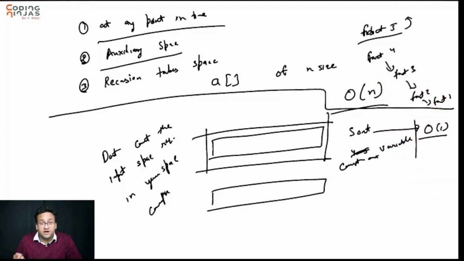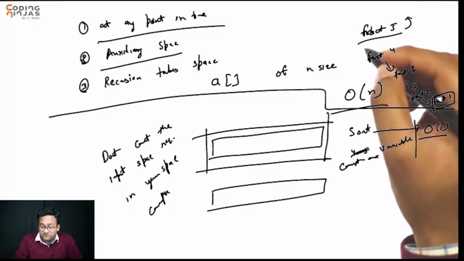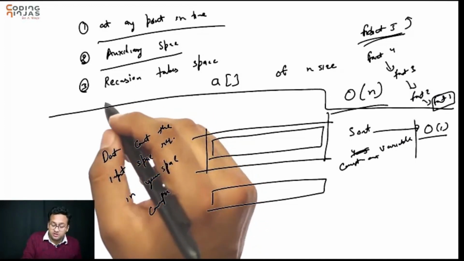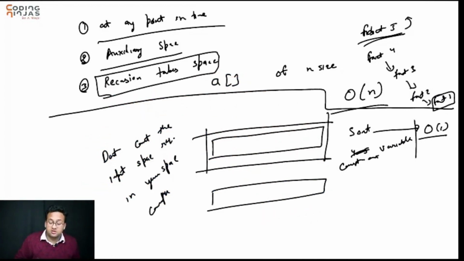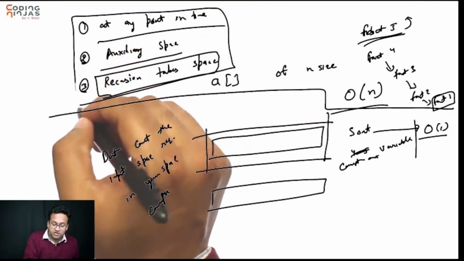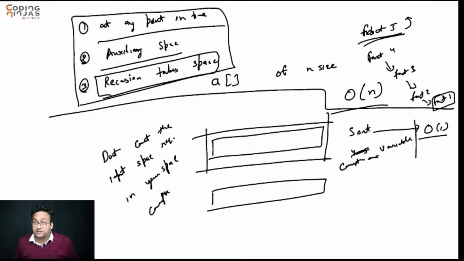Doing all of this requires space. When you have reached factorial 1, factorial 5 is still sitting in memory somewhere, right? So this is not free, this takes space. Whenever you are using recursion, recursion requires some space. How to calculate this? We will see that in a couple of sessions going forward. But these three things you need to take care of whenever you are trying to calculate space complexity.